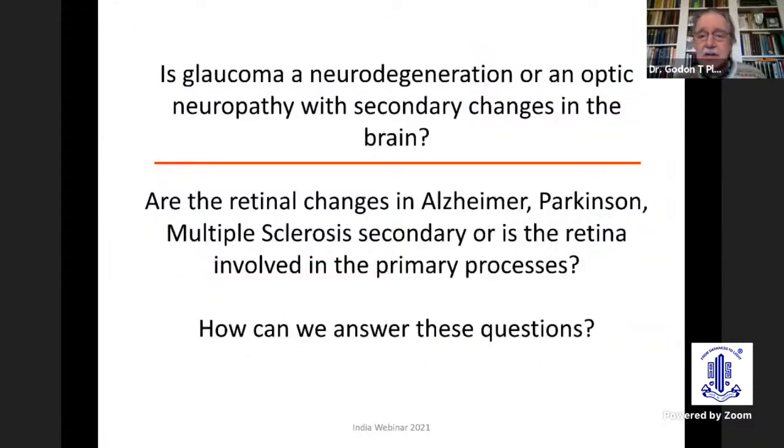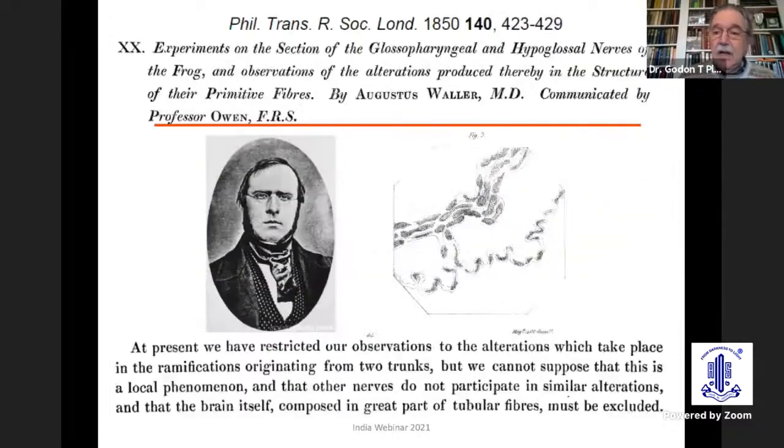This led me to wonder whether these changes were secondary or primary, and also whether other changes which were seen in the retina in Alzheimer's and Parkinson's were secondary to the brain disease or due to primary involvement of the retina. And you're all familiar with Wallerian degeneration.